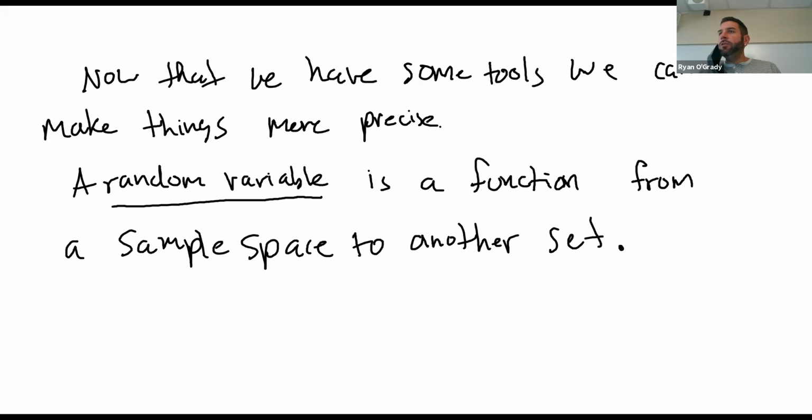So the best thing we can do before anything else is to think about a specific example. So let's go right to our original example of tossing coins.